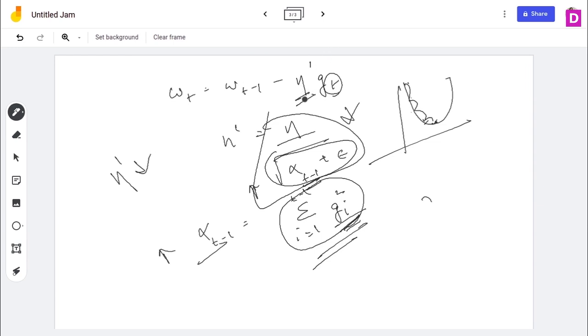For every iteration which brings us closer to the minimum loss, this keeps on decreasing. So in short, we are taking bigger steps here, and as we go closer here, this keeps on decreasing, decreasing and decreasing, right? So this is the whole idea behind Adagrad.